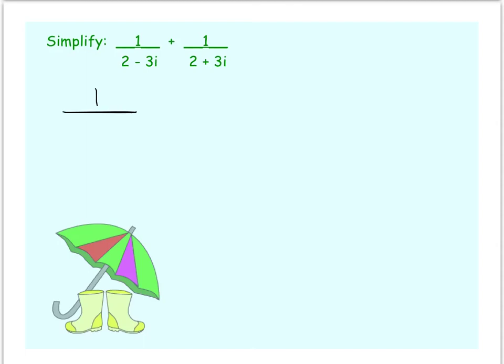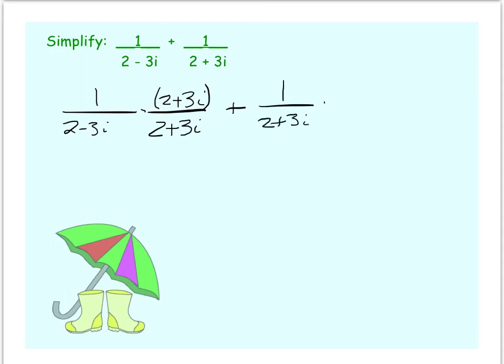So 1 over 2 minus 3i will get multiplied by 2 plus 3i over 2 plus 3i. And then 1 over 2 plus 3i will get multiplied by 2 minus 3i over 2 minus 3i. And that will get us a common denominator. It's just like if you have 5 and 7 as your denominators. You know your common denominator would be 35 because you multiply 5 times 7.